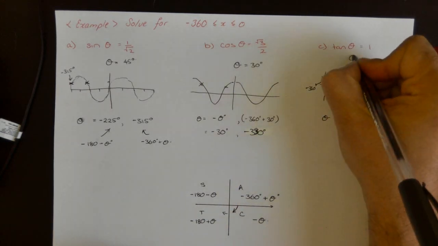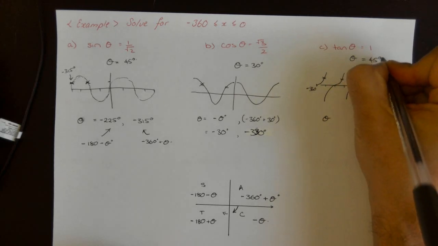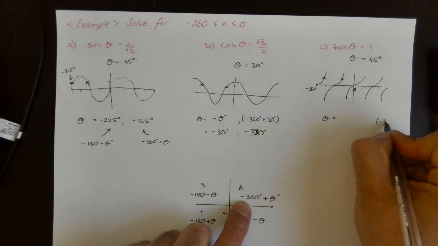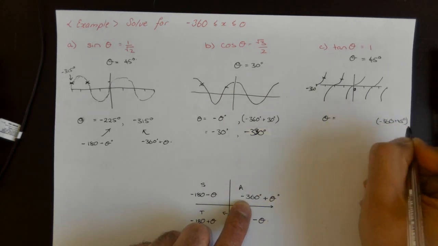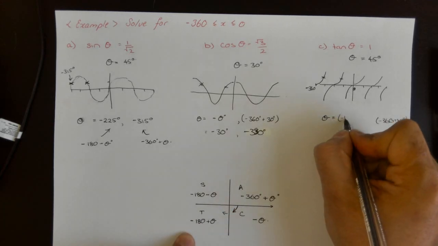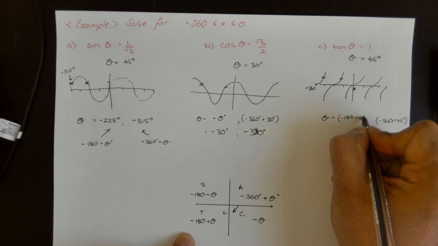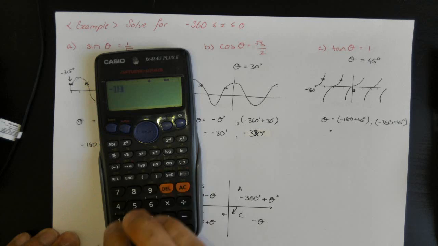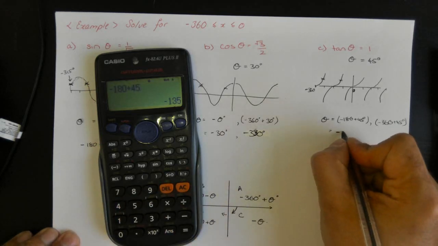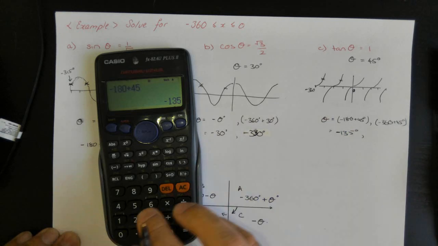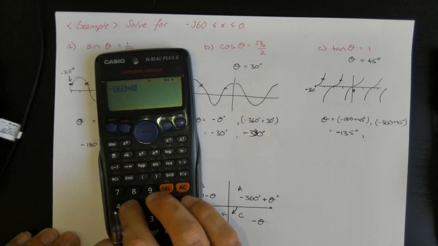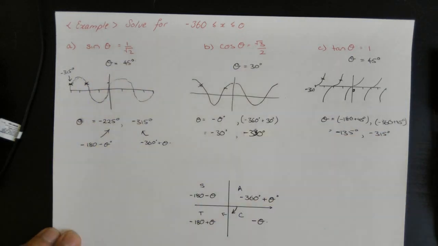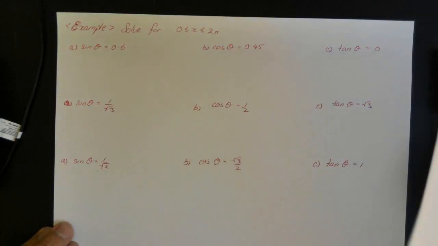Now, theta is 45 degrees. So we're going to get two solutions. We're going to get negative 360 plus 45. And we're also going to get this one over here, which is negative 180 plus 45. So the solutions are negative 135 and negative 315 degrees.